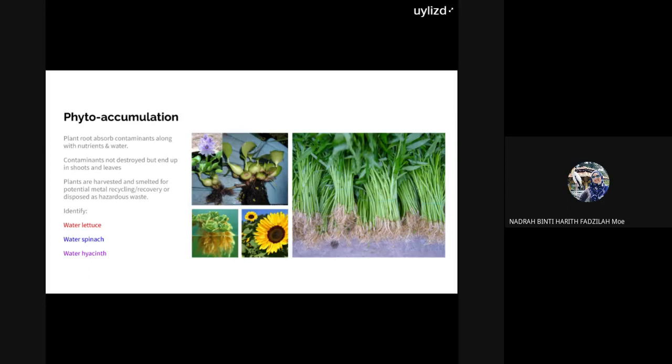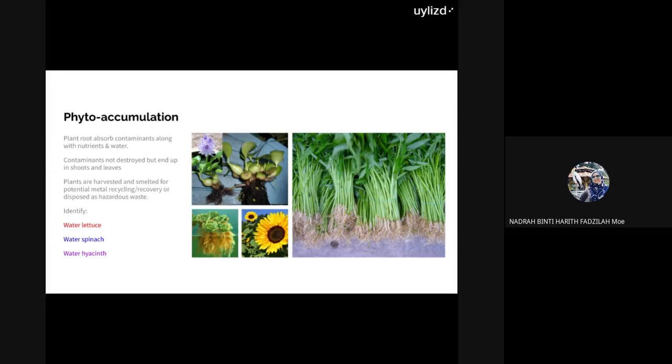Yes, dia punya life cycle sama saja. Dia boleh jadi phytoaccumulator because when the heavy metals are inside their leaf or shoots, they can go through their life cycle as normal as they can. Tak ada masalah.